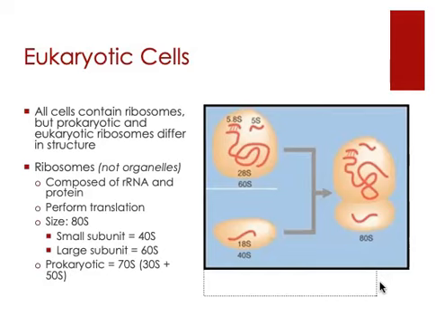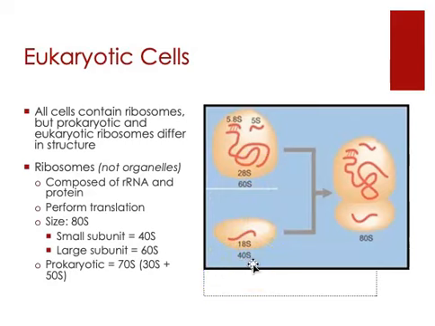So this drawing represents a eukaryotic ribosome. So the artist has drawn the large subunit for us here and the small subunit here. And notice that each one of the subunits is labeled according to its size. So the large subunit is 60S and the small one is 40S.